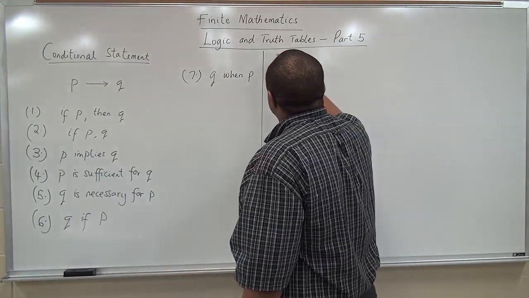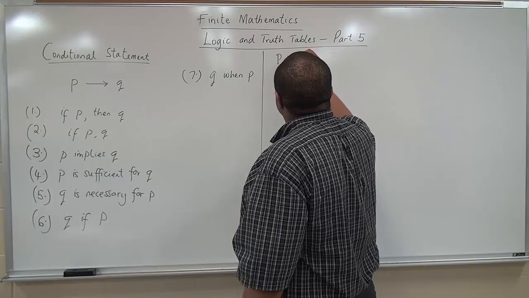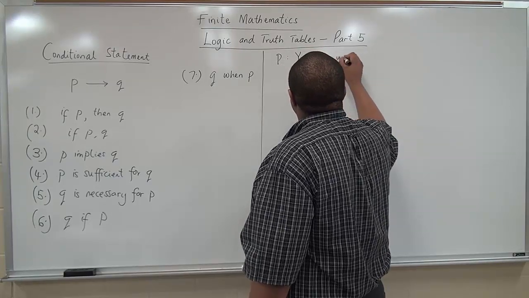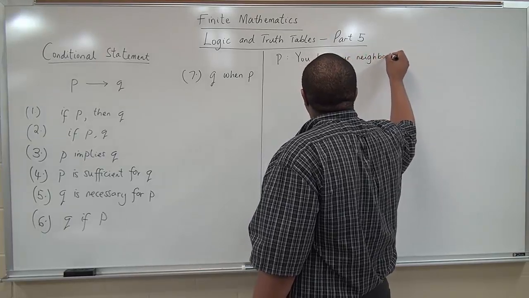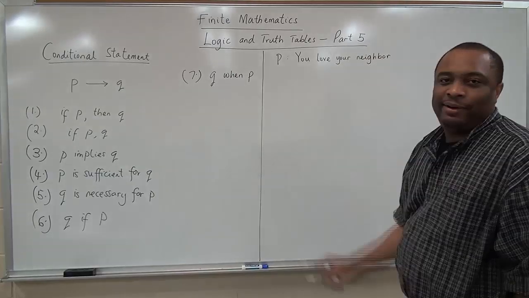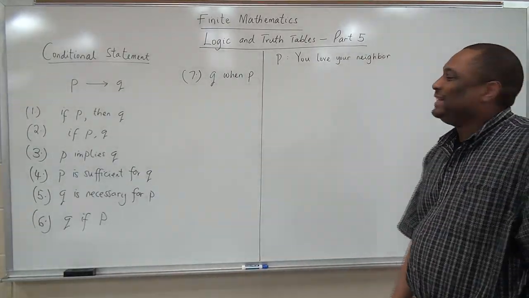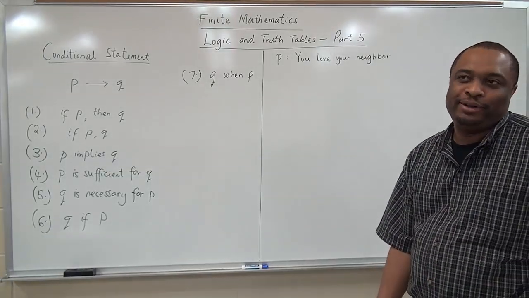Let's say you have P to be you love your neighbor. I think this is American English, whereby neighbor is not spelled N-E-I-G-H-B-O-U-R.